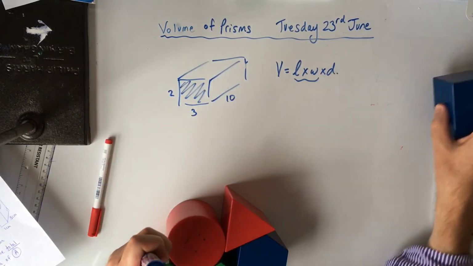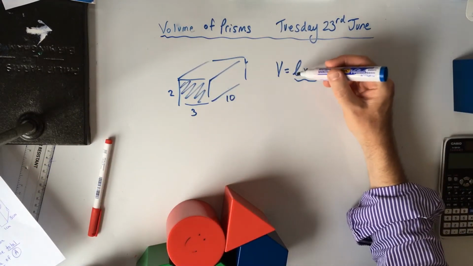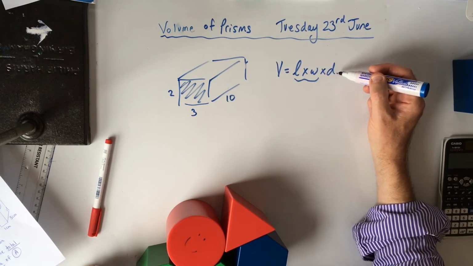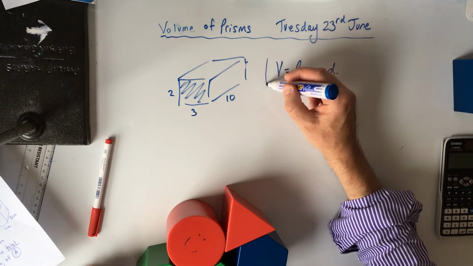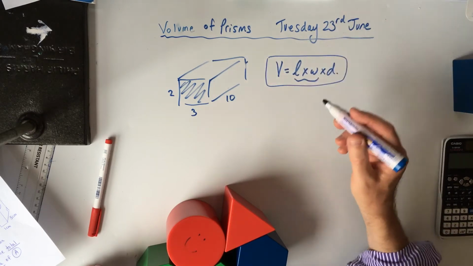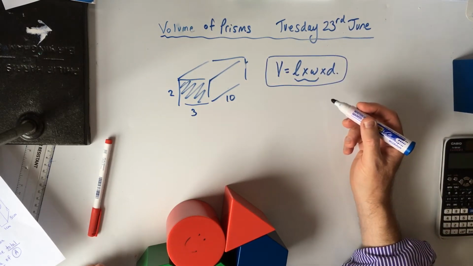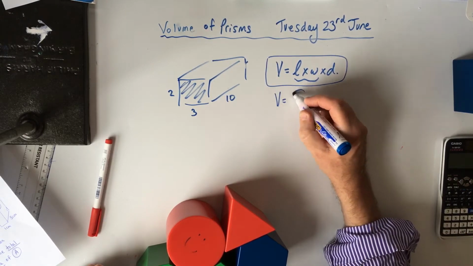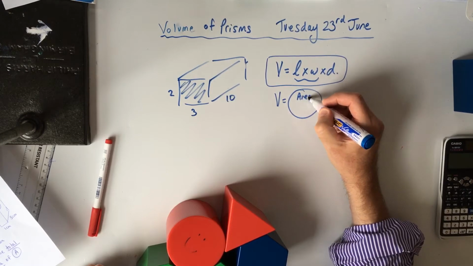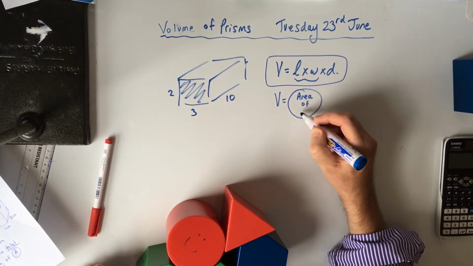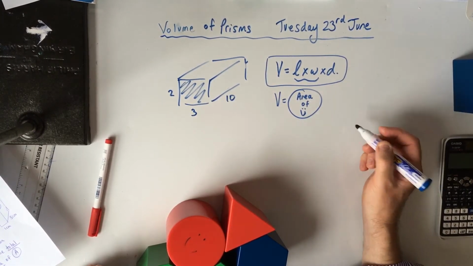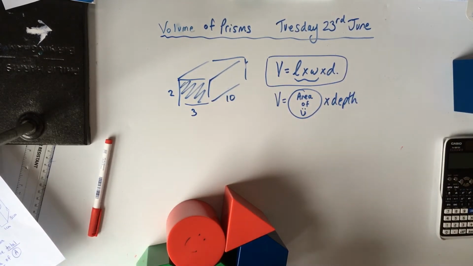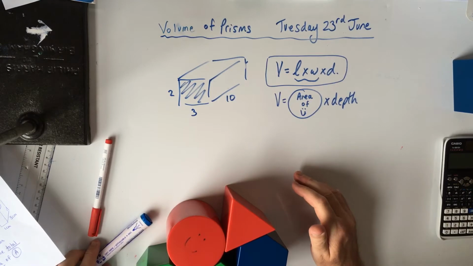Although you've got this formula that's specific for a cuboid, this system, not the formula, but the system works for all prisms. The volume of a prism is the area of the front face, I've drawn a little face, times the depth. That is the formula for all prisms.